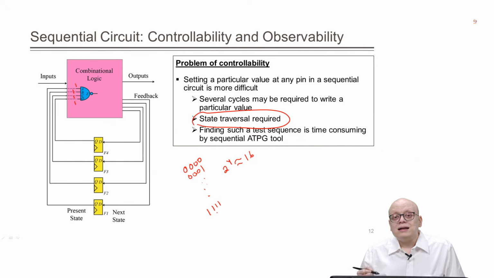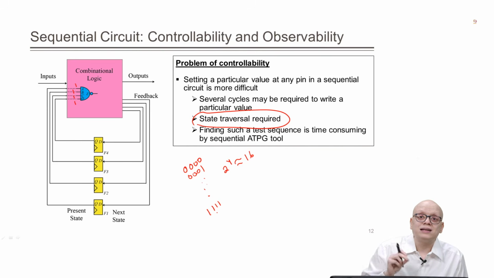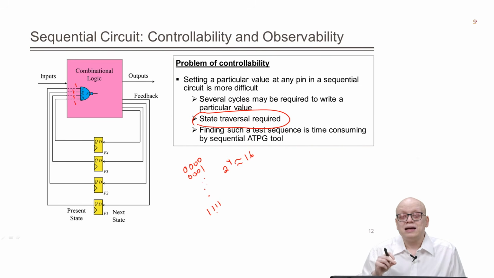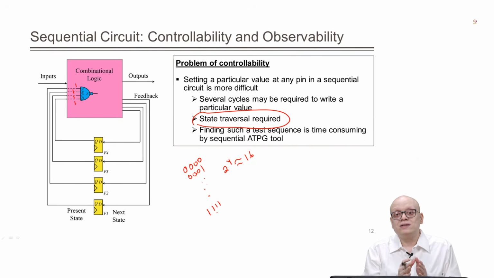And doing state traversal can be exponential in the number of state elements. Therefore, reaching the correct state for an FSM that will deliver the required test pattern at the components may require an exponential number of clock cycles. It will increase the test time and the cost of testing.